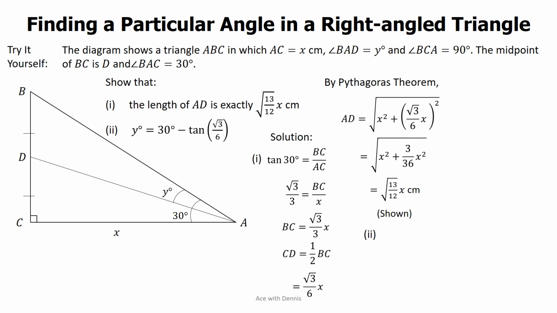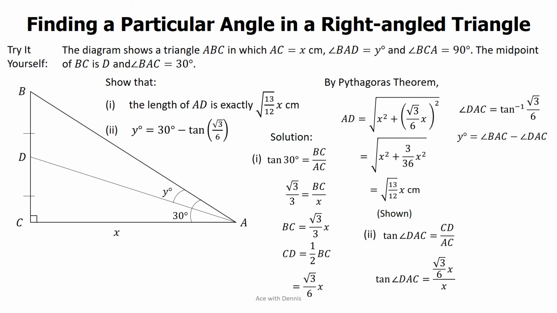Now number 2. We start from tangent of angle DAC equals CD over AC, which will give us root 3 over 6 x over x. The x cancel each other, and we get root 3 over 6. So angle DAC will be inverse tangent of root 3 over 6.